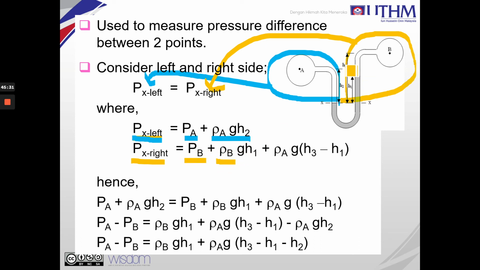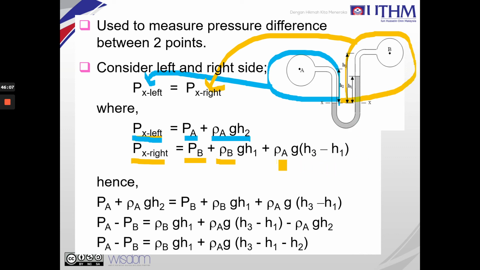PB plus rho B g h1, where h1 is the height here, then plus rho A, the density of A, because this is the same fluid. Density A times g times h3 minus h1, so you get h2 here.